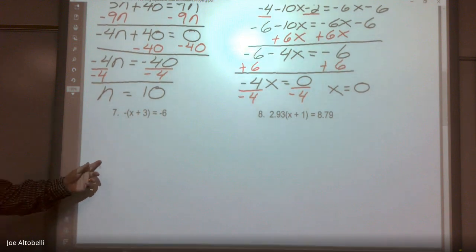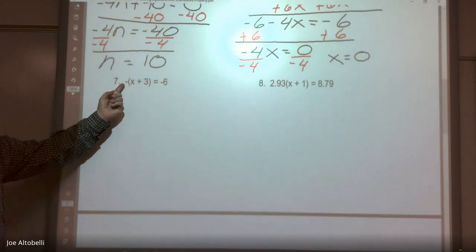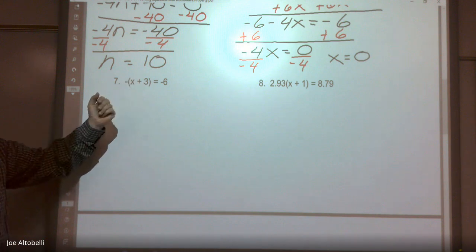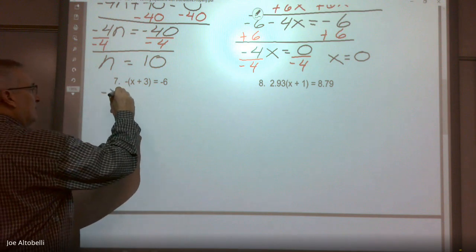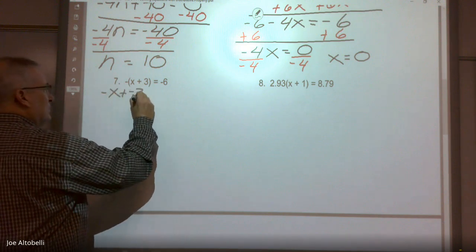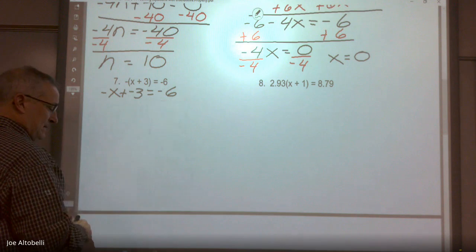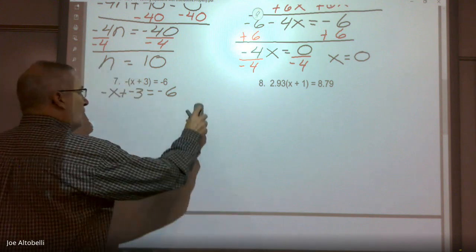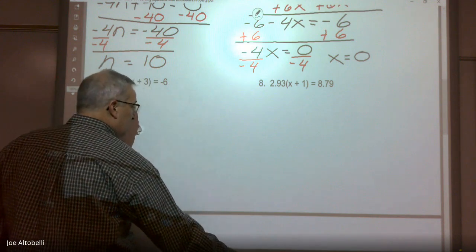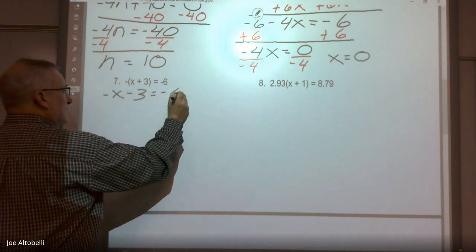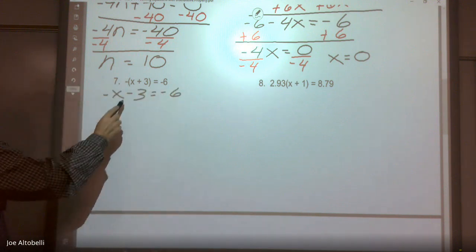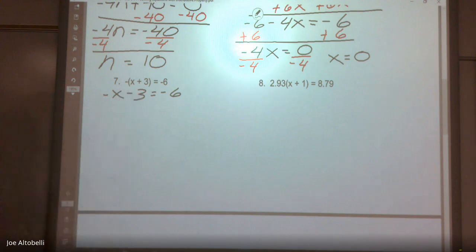Number 7. This negative, I need to distribute the negative to both pieces. So you could write negative x plus negative 3 equals negative 6. Or you could write negative x minus 3 is equal to negative 6. Both are the same, plus a negative or minus the 3.